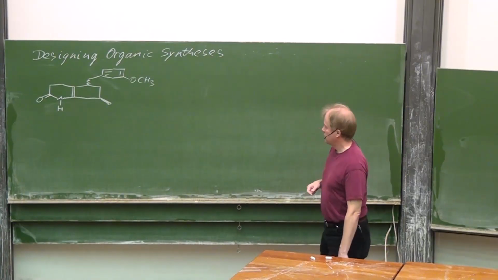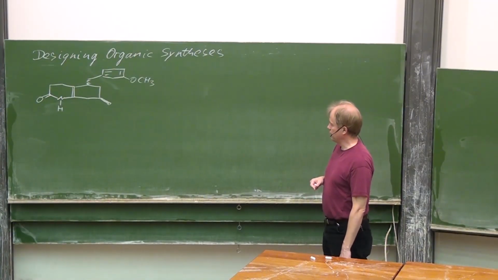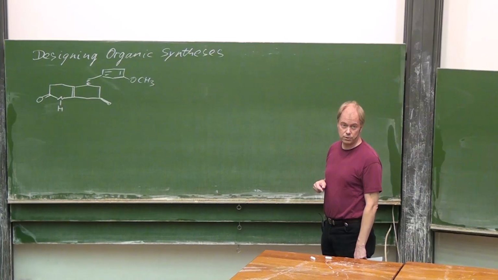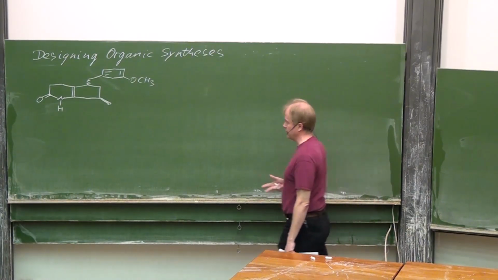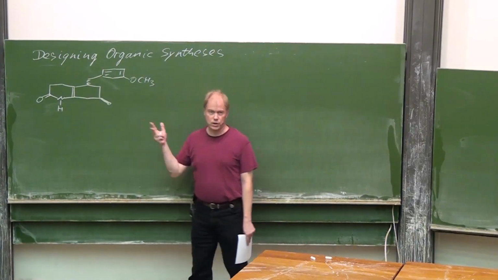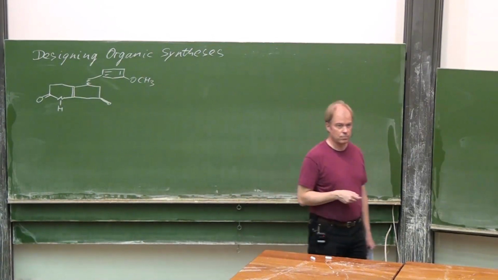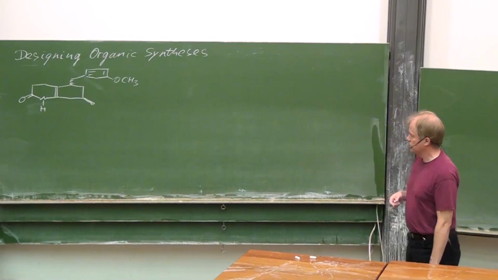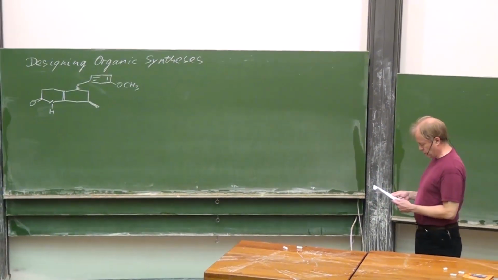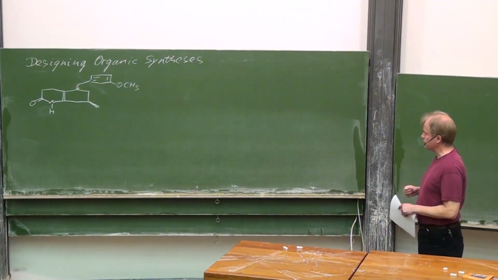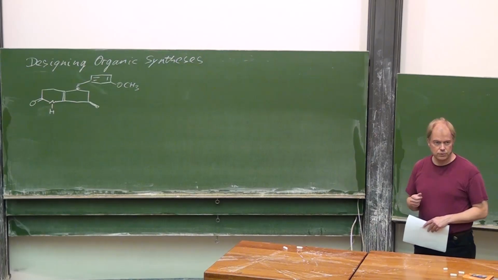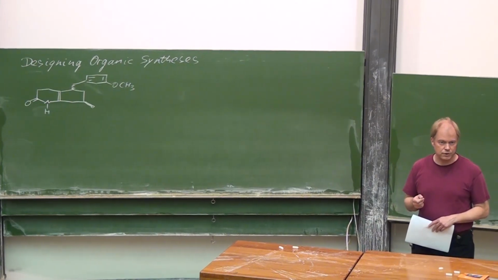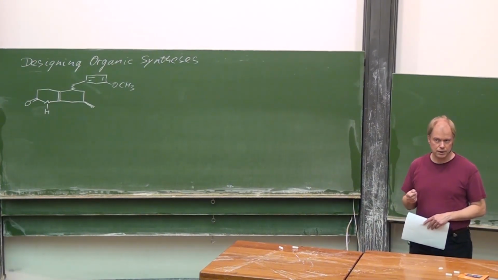Well, what we would like to learn during this lecture is analyzing such molecules, how to synthesize these, maybe also some even more complex molecules. And moreover, during this lecture, we will recapitulate our basic knowledge of organic chemistry.